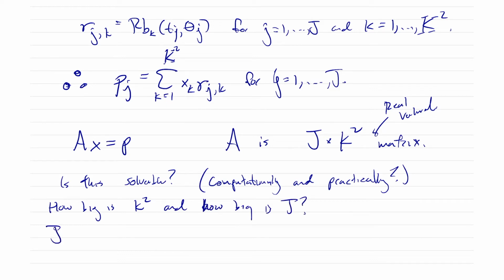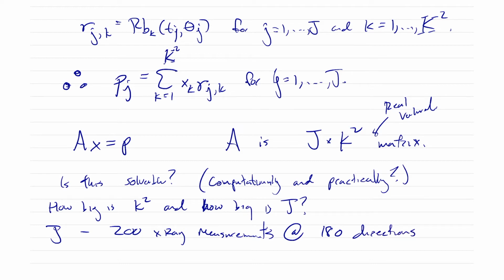So as far as j goes, according to Feynman, and we are indeed following Feynman again, he says that a typical scan has 200 X-ray measurements at 180 different directions.